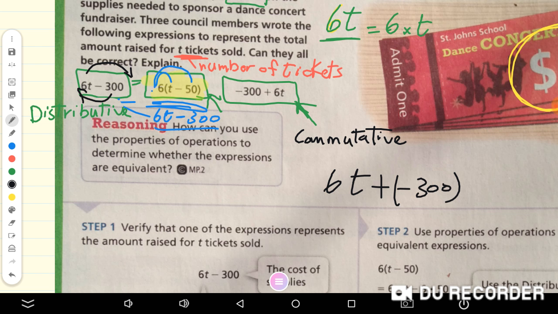So it's called the additive inverse. So we can write an algebraic expression in many ways. I have 4 ways now to write it. You can choose any of them to rewrite an algebraic expression as an equivalent expression.